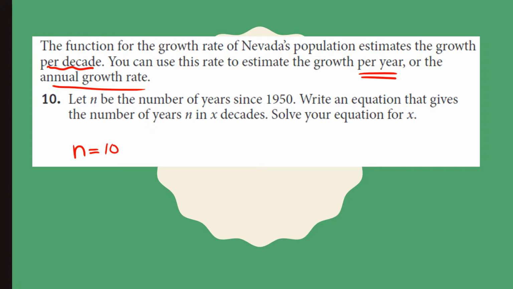There's 10 years per decade. X was our decades. So if we solve this for x and divide by 10, we'll get x equals n over 10. That shows us how to figure out the annual growth rate.